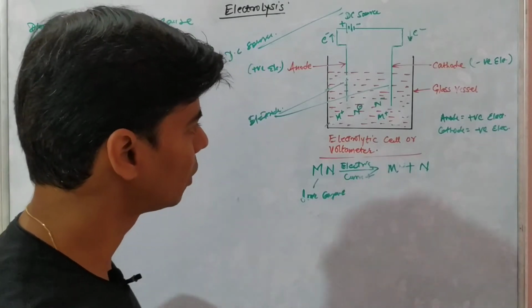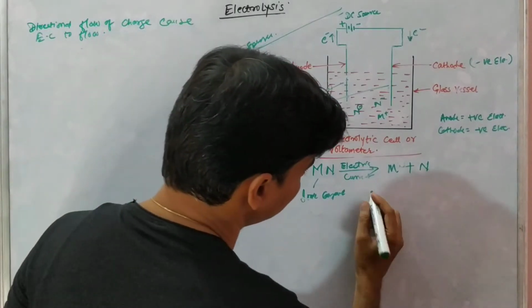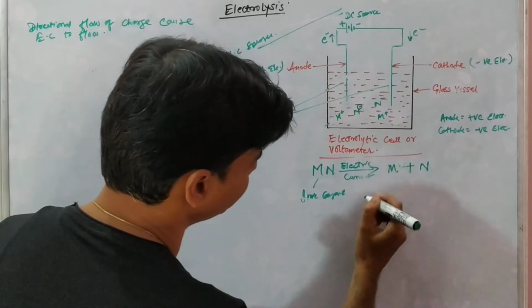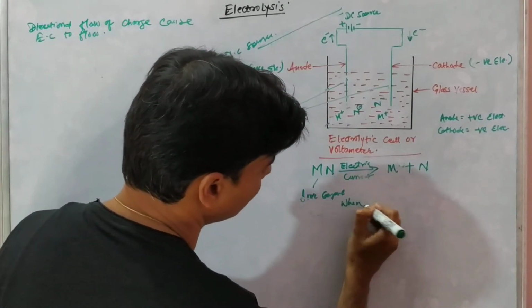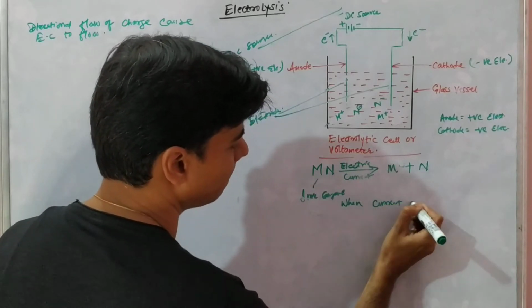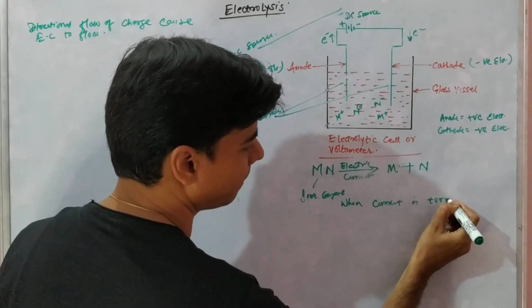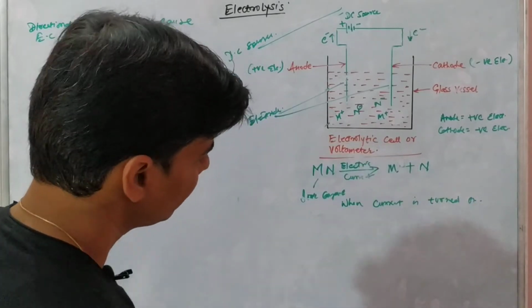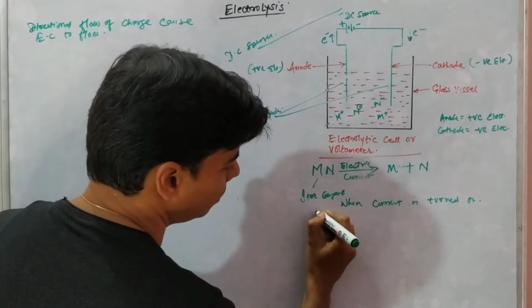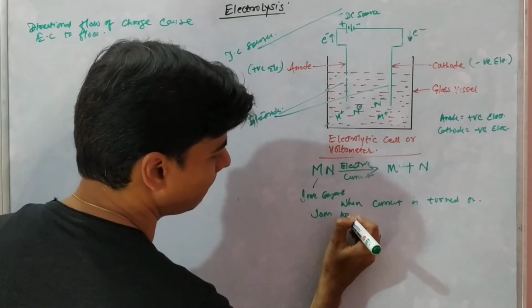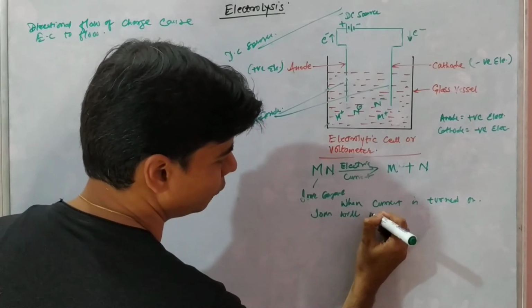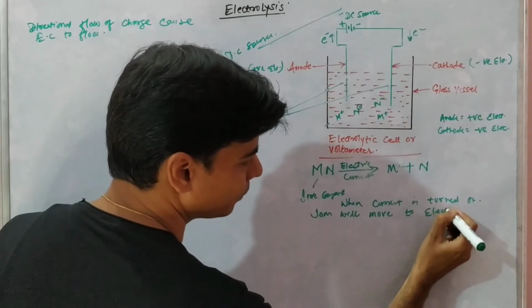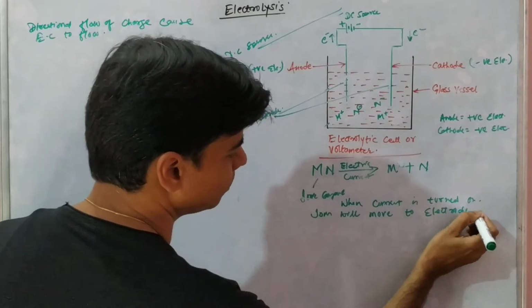When current is turned on, the ions will move to the electrodes.